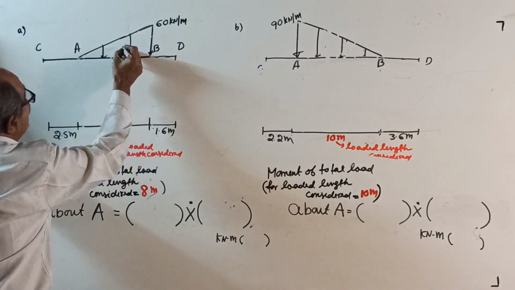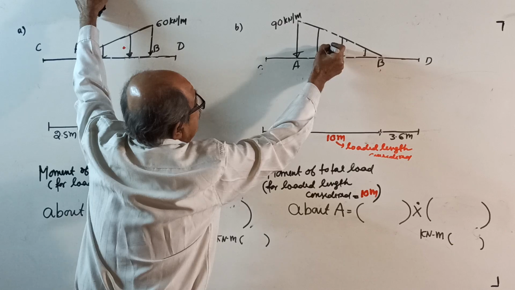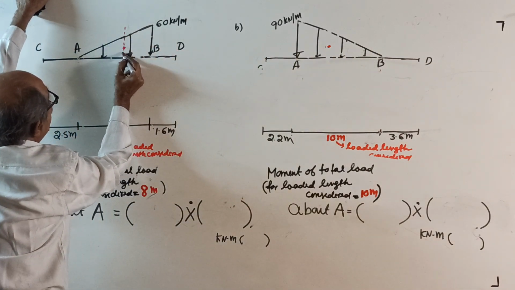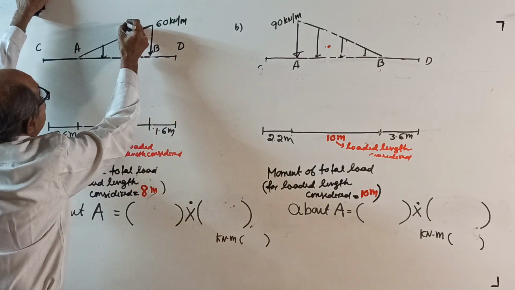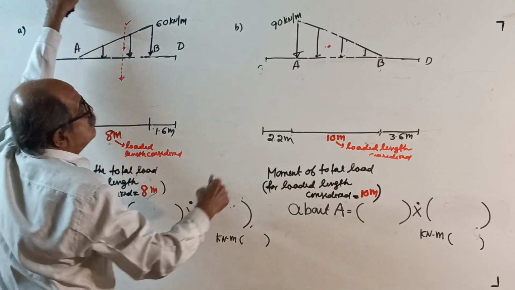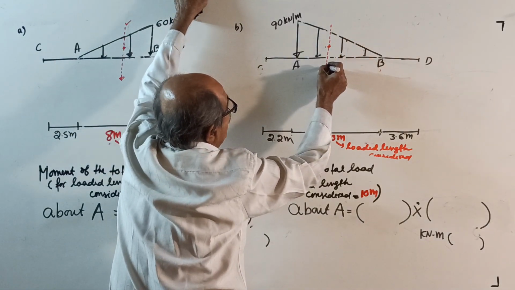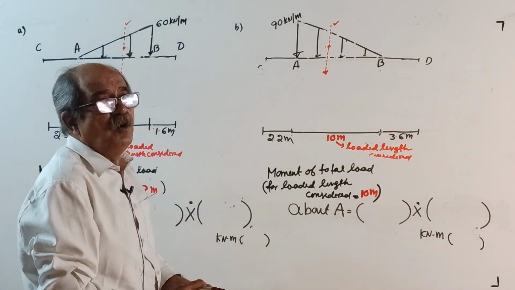Now do one thing. Without disturbing the diagram, with a light line, mark CG. Light line, because later you are not doing this marking. You can write here: this is the magnitude of total load. Here, light line. And right here, this is the magnitude of total load. You know how to calculate.